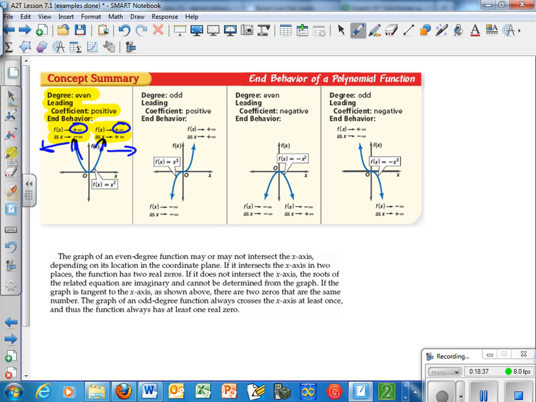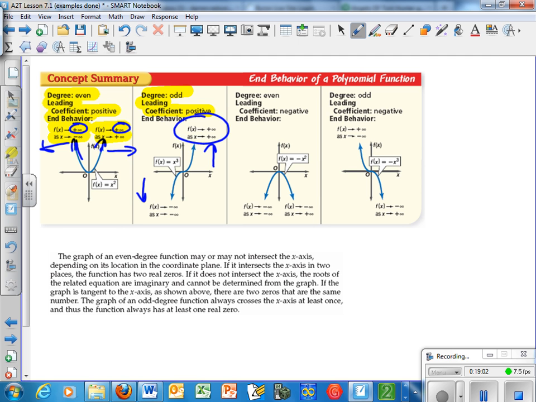If the degree is odd and the lead coefficient is positive, it means on the right side, the graph's going to be going up, and on the left side, it's going to be down. Remember, with odd degrees, the end behavior is in opposite directions. If it's a positive lead coefficient, in other words, whatever that highest degree term is, positive, look at what the end behavior is on this side.